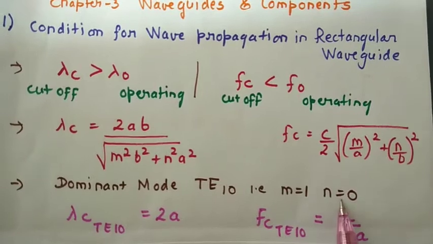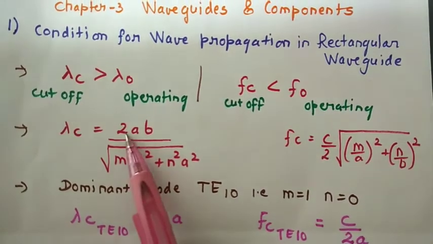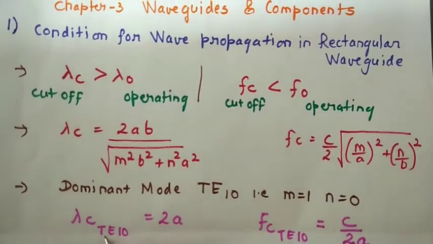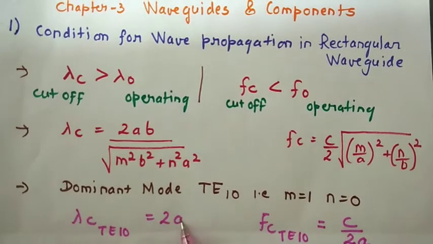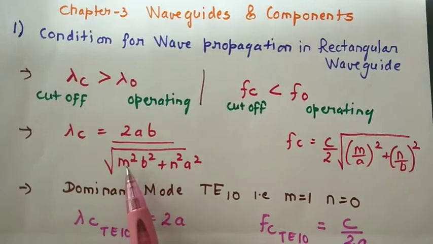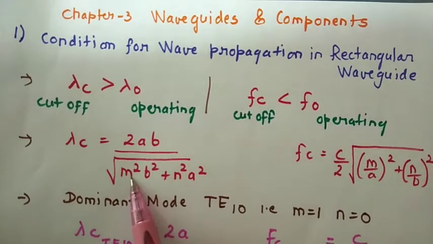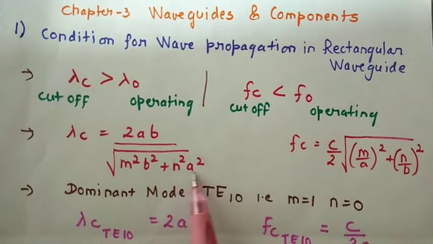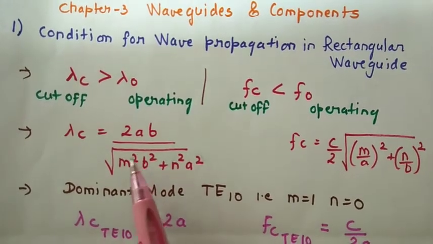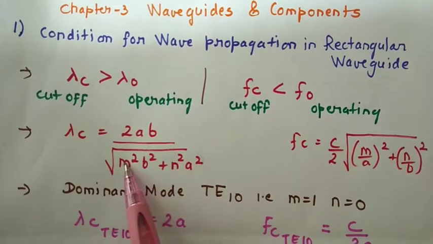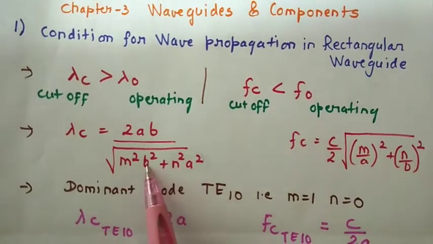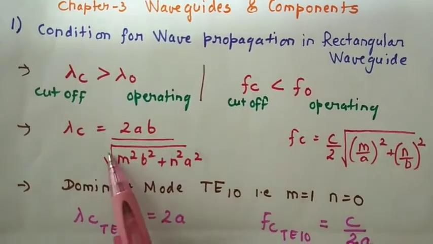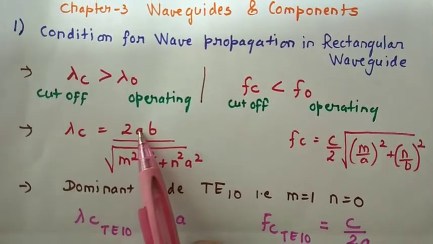Now if we substitute the values of this in this equation of cutoff wavelength, then cutoff wavelength for TE10 is equal to twice a, because we have substituted here m is equal to 1 and n is equal to 0. So this coefficient will be cancelled. M is equal to 1, so this will be 1. B square, if we bring out of the square root, it will be b, so this b and this b will get cancelled, so remains 2a.